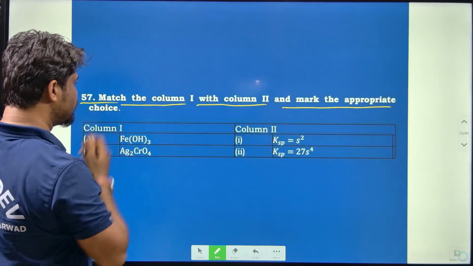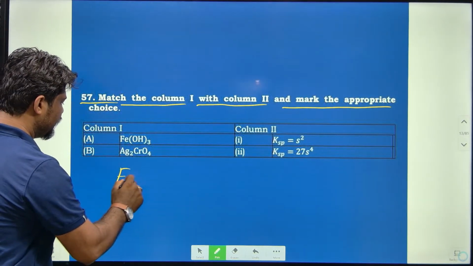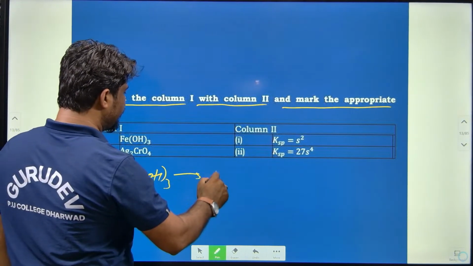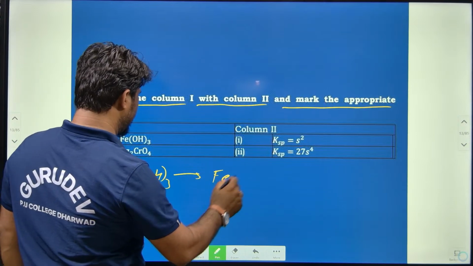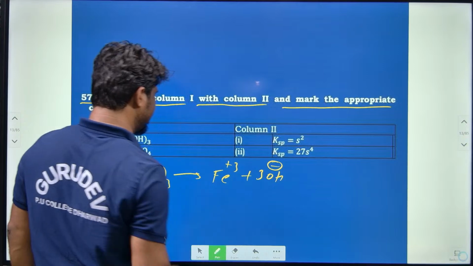What is the Ksp value for this one? I will calculate here itself. When this molecule dissociates, it becomes Fe3+ along with 3 OH minus ions.